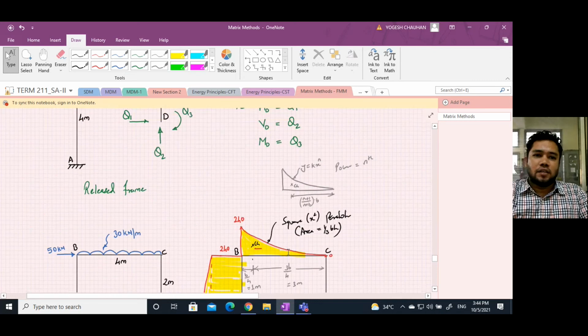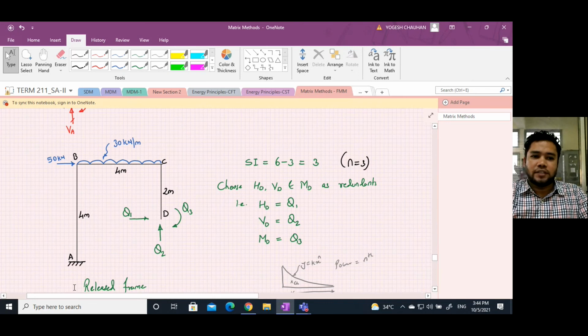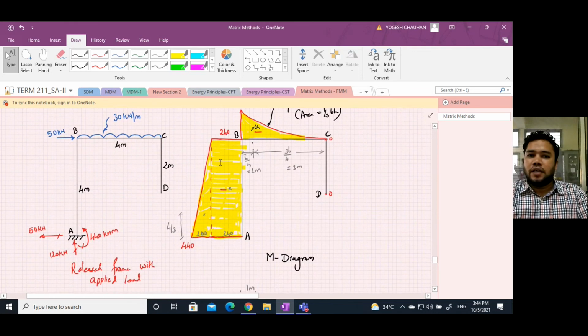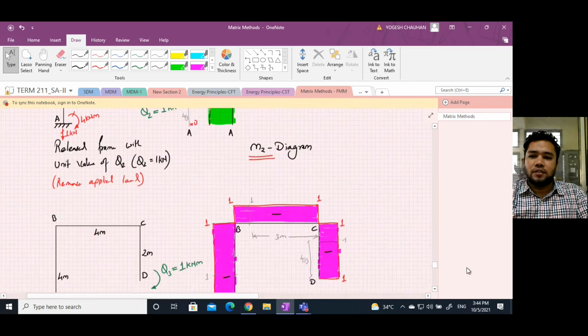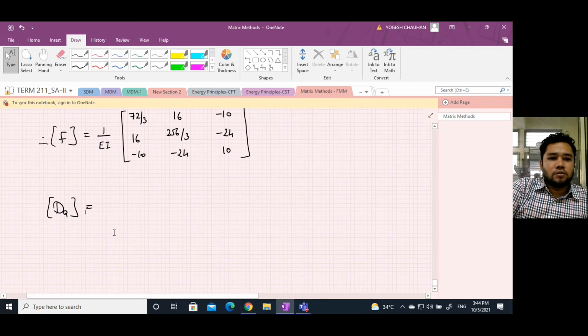That means corresponding to Q1, Q2 and Q3, is there any displacement in the given structure, then those values should be considered in this. Okay, and suppose settlement or rotation at A, that should be considered as applied load in this. Means when support A rotates or support A sinks, so additional moment should be considered in capital M diagram. Okay, but if you have any example in which the redundant support A settles, then it is better to choose the redundant at A only, because it will avoid the calculations of secondary moments in M1 diagram. Okay, simply you have to take the values in DQ matrix. Okay, those secondary effects should be taken in this.